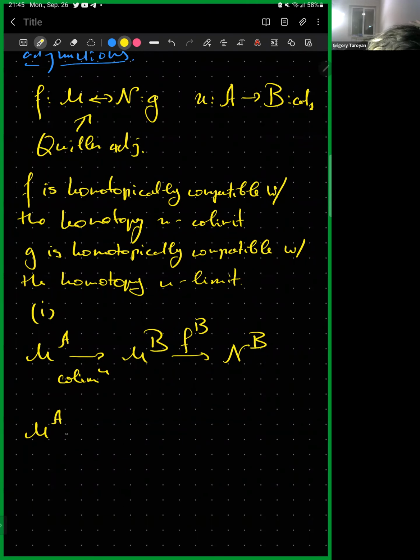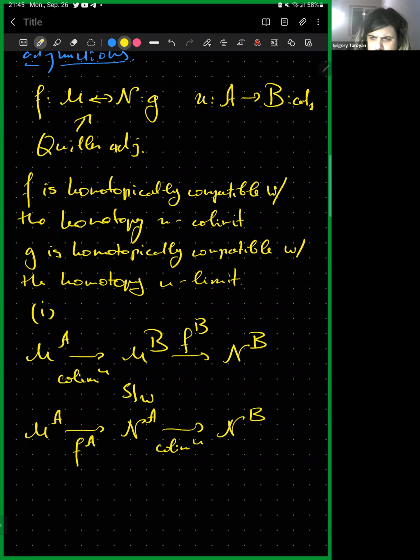Namely, we can first go from category of diagrams in M to category of diagrams in N, and then we can use the colimit functor to obtain the same final category of diagrams in M of shape B. So these compositions are naturally weakly equivalent, canonically weakly equivalent, and the same holds for homotopy U limits and functor G.